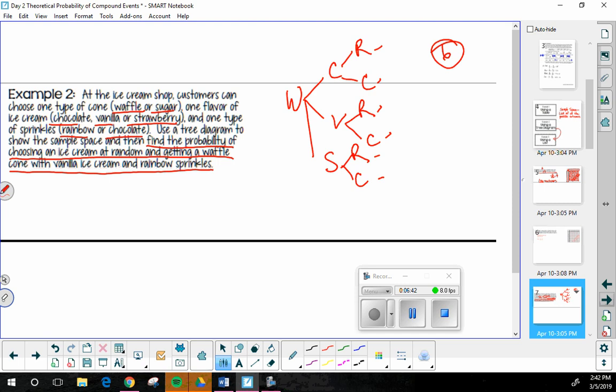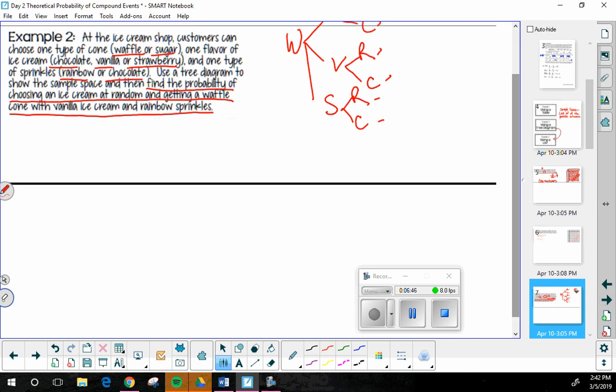But I also have another type of cone, right? What type is that? Sugar. So guess what? I'm going to do the same thing. I could start out with a sugar cone and then do the same thing. I could get chocolate, vanilla, or strawberry, and then go back to my choice of sprinkles, which are rainbow or chocolate. Rainbow, chocolate.